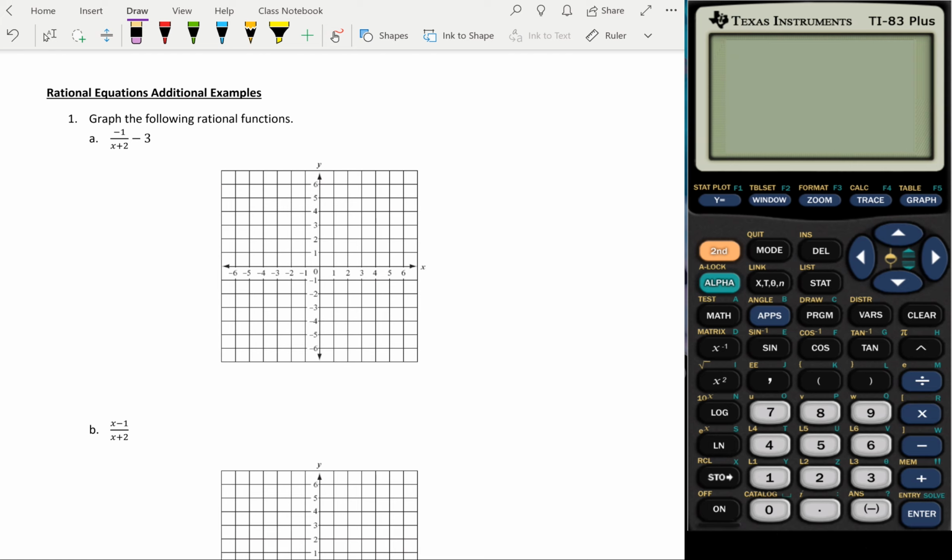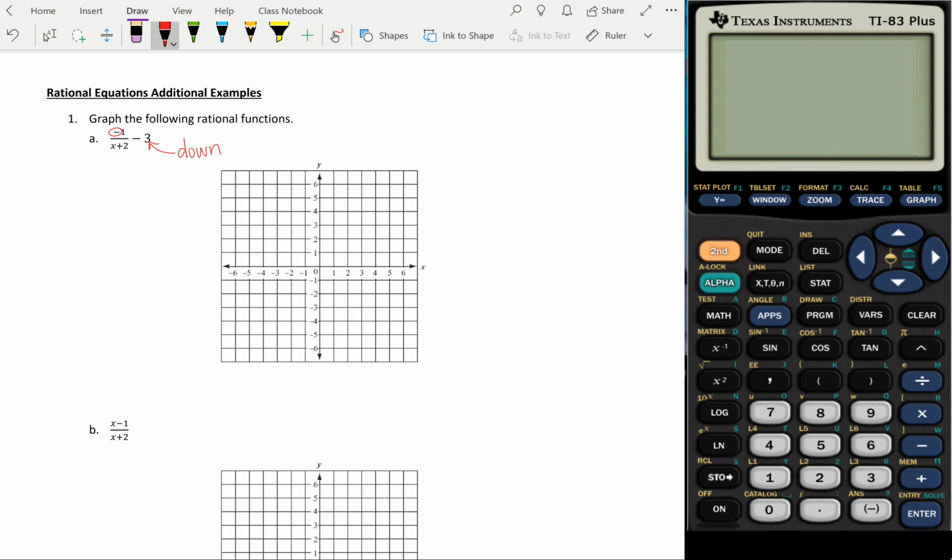We look and see what's going to shift it up and down, what's going to shift it left or right, and of course, what's going to flip it over the x-axis. So we're going to go about it the standard way. We know from previous problems that the number at the end is going to shift us down 3 units.